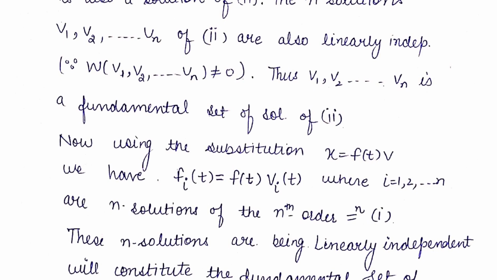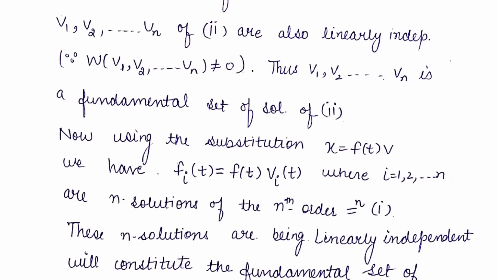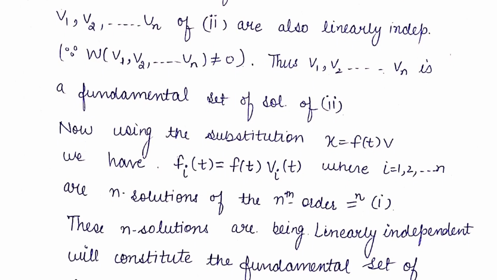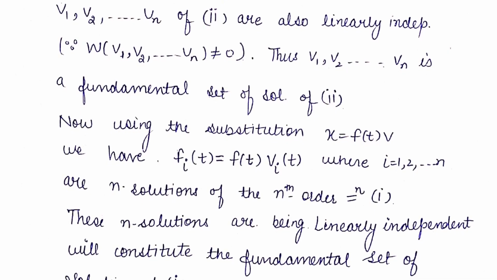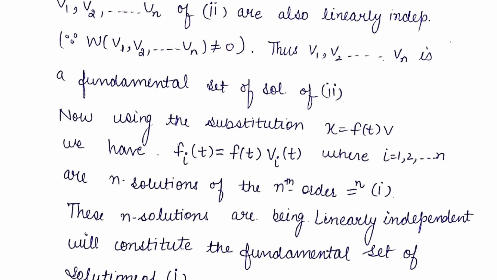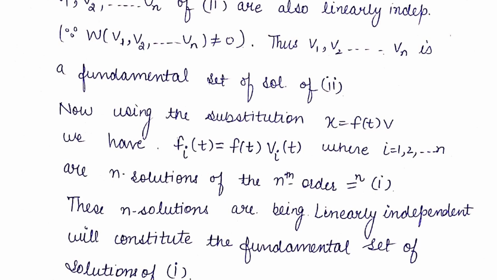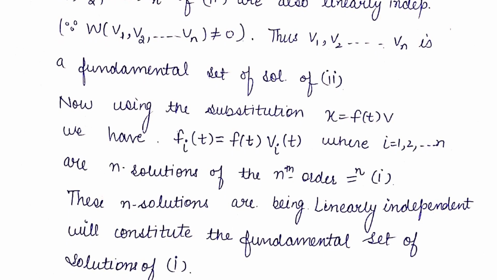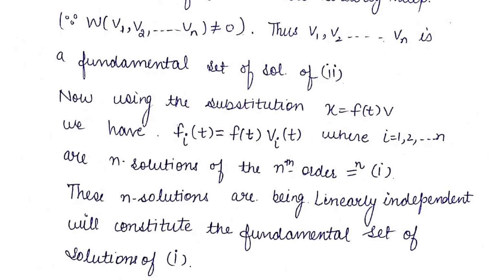So from this you will get the n solutions f1, f2, ..., fn of equation 1, when you substitute v is equal to Vi for i is equal to 1 to n in the substitution x is equal to f t v. So this is the method of how to obtain the n solutions of an nth order linear differential equation from the reduced n minus first order homogeneous linear differential equation.